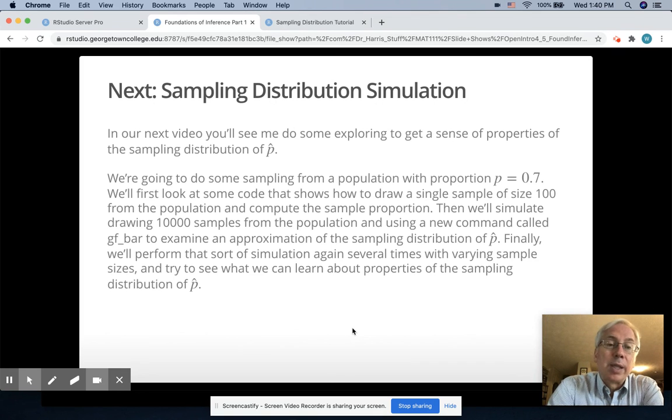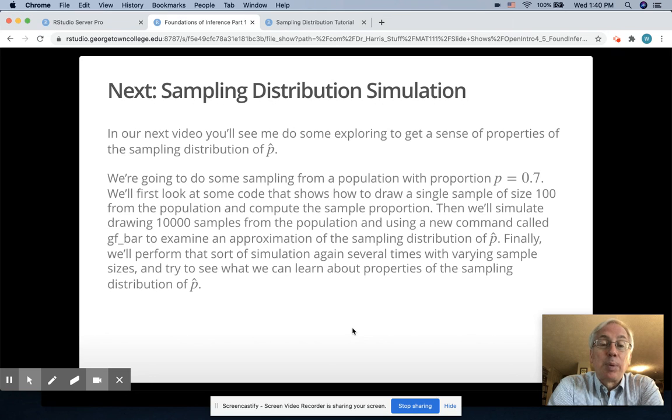I'm going to be moving over to a different slideshow to look at where we might simulate the notion of how we can find a sampling distribution. And just to set that up, I've got a large population for which 70% of the population has a particular attribute. Now, I'm not going to be interested in having you work through the RStudio code that we're going to be using to generate the plots, but I will be showing you some code, and in some of that code, we'll be seeing how to draw a sample of a particular size from a population.